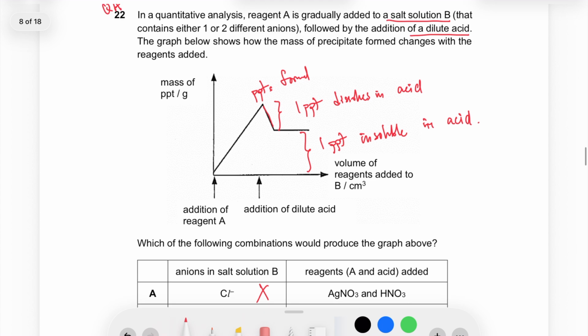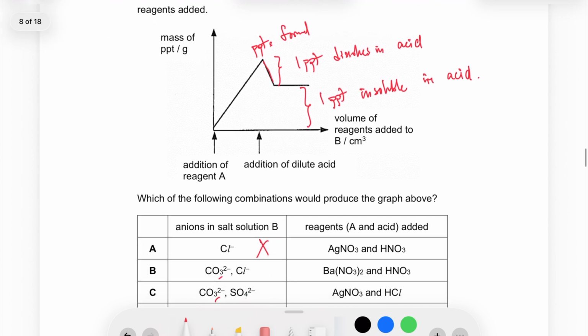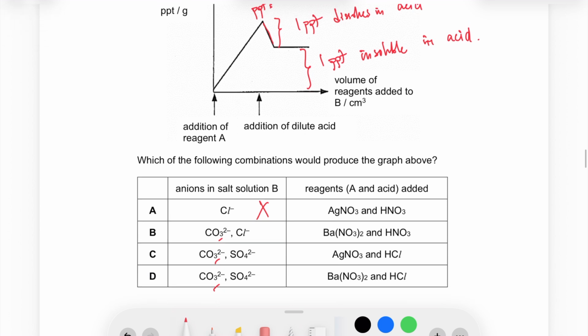Let's look at reagent A. Reagent A is added to B, so you have to form 2 PPT.